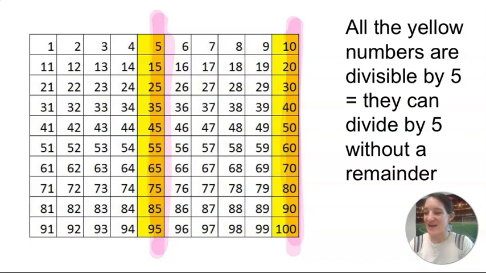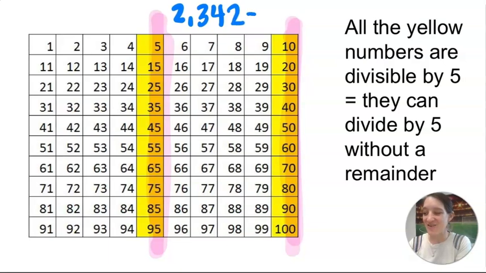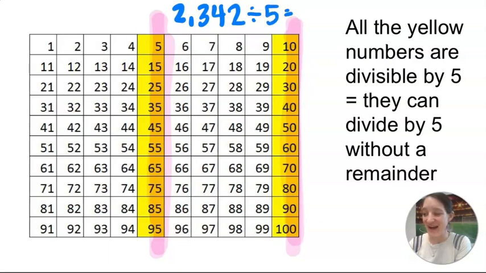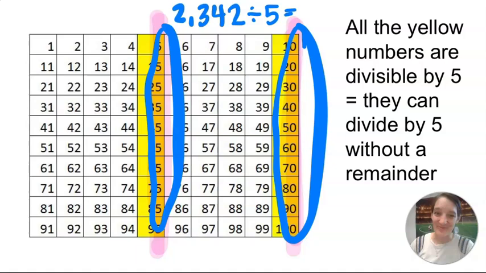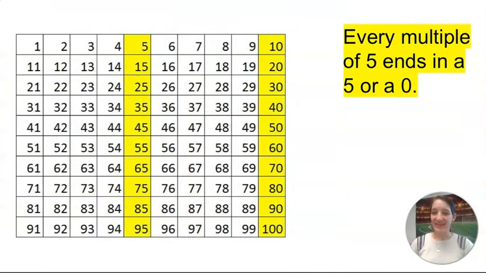So we can take a number like 2,342 and we can say, no, it is not divisible by 5. It doesn't end in a 5 or a 0. So it's not going to work out. It's going to have a remainder. So the trick with 5s is every multiple of 5 ends in a 5 or a 0.